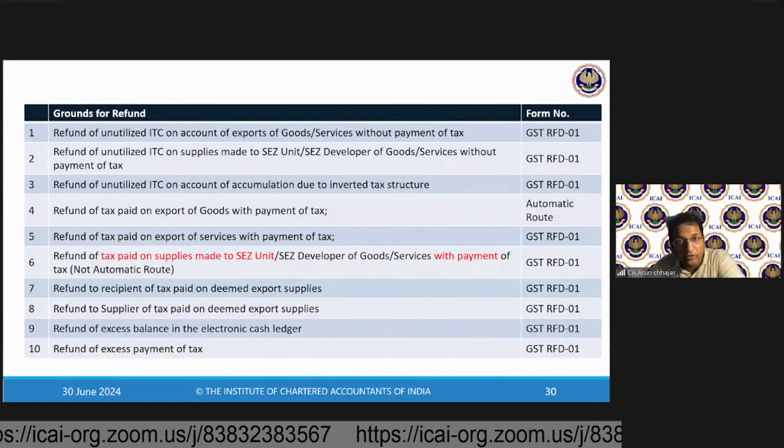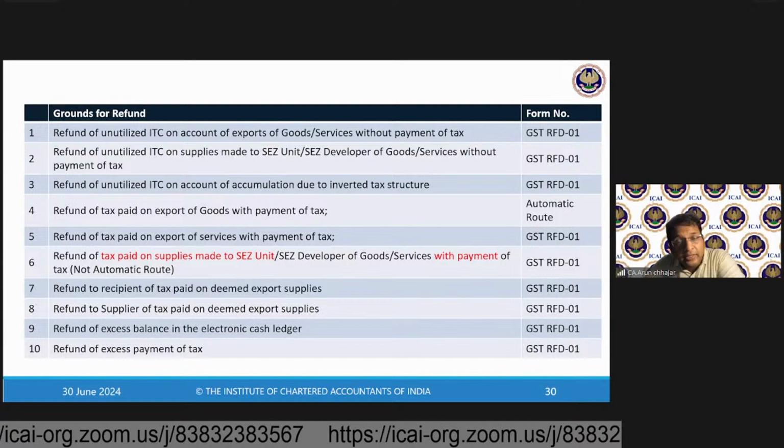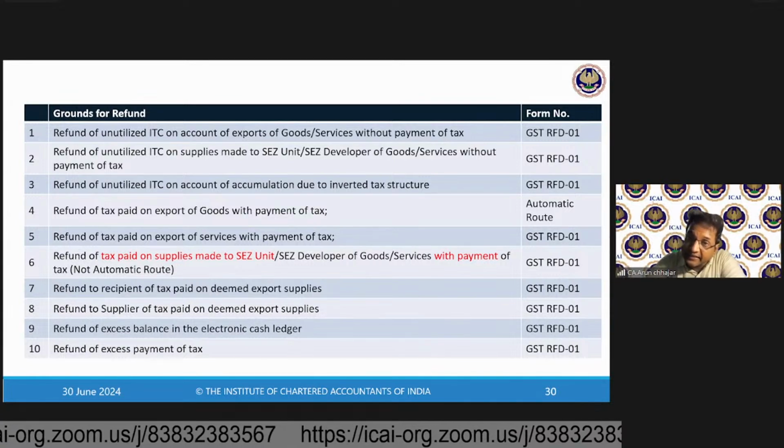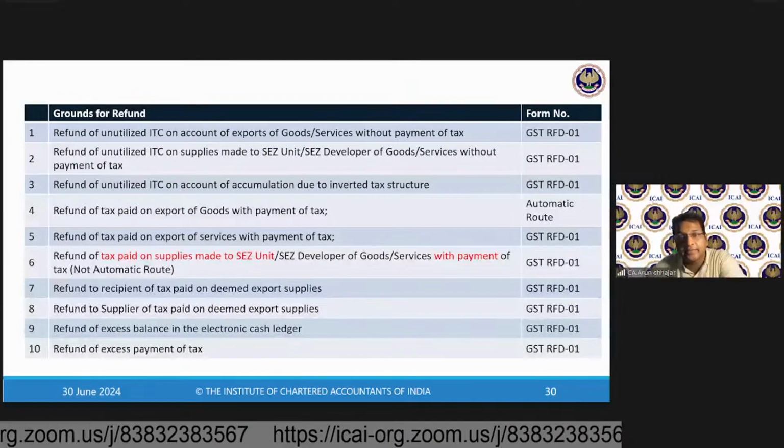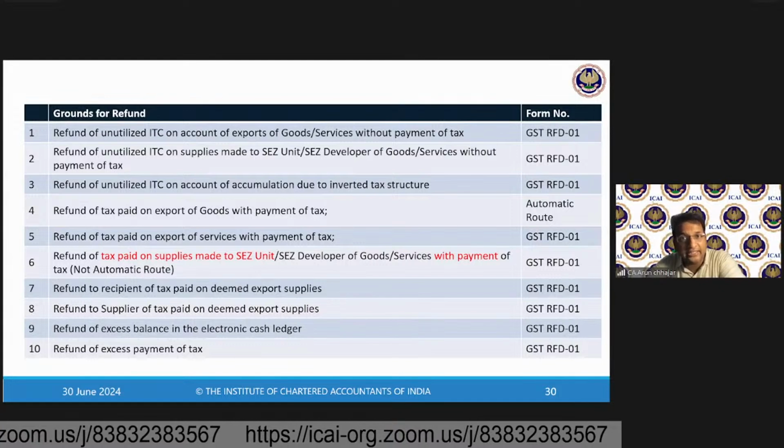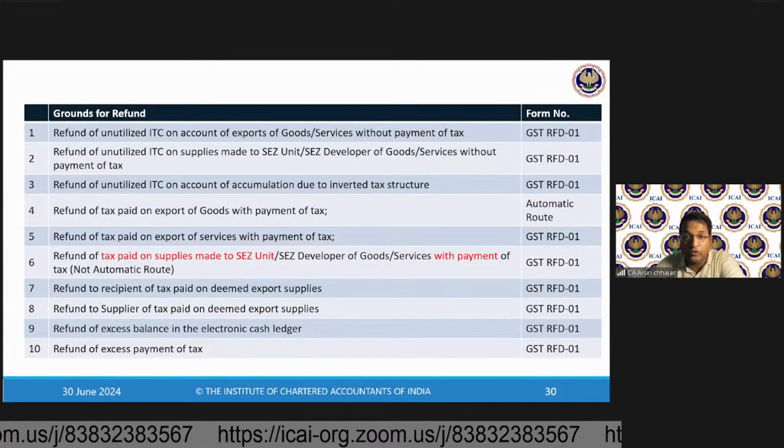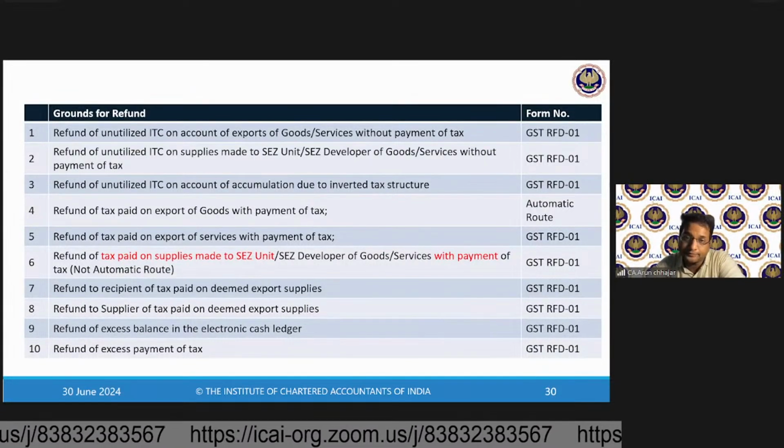Ideally, the recipient will go for the refund. But if the supplier takes the declaration from the recipient that he is not going for the refund, he has not taken the ITC, then the supplier can go for the refund.